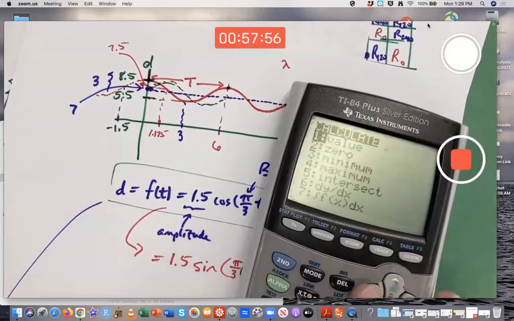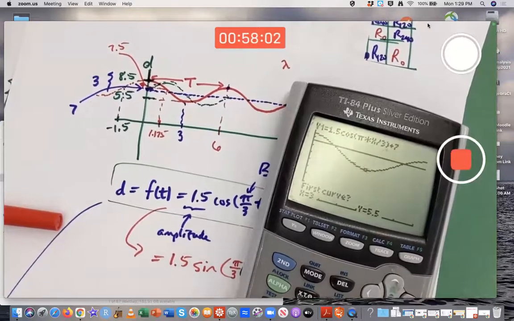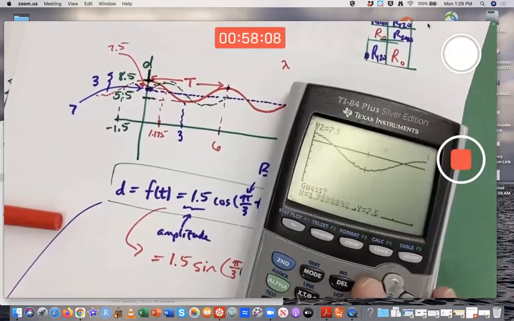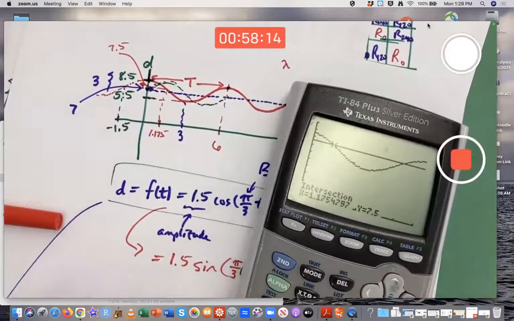Calculate, intersect. First curve, second curve, and then a guess. And we get 1.175.